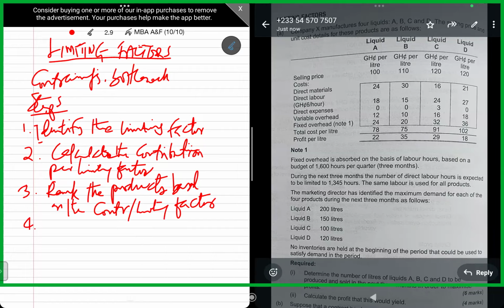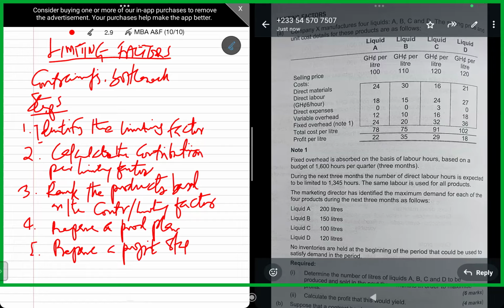Four, we'll prepare a production plan. Five, we'll prepare a profit statement.